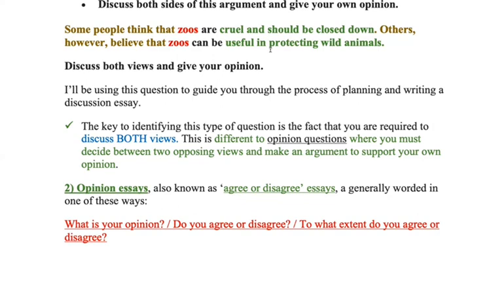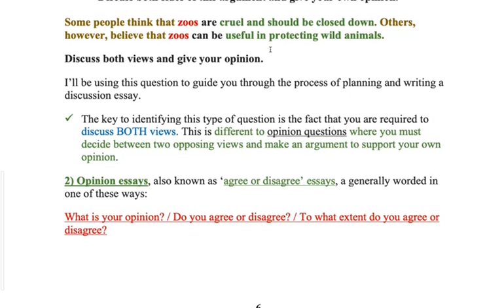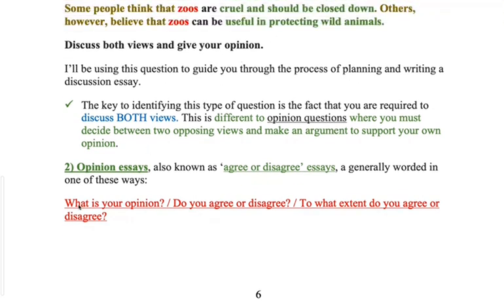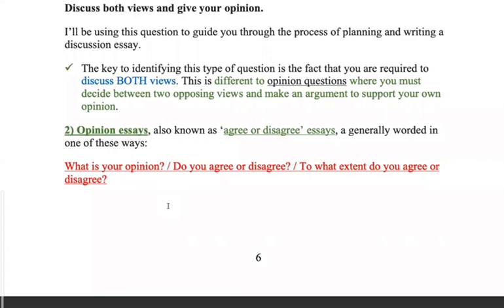So it is opinion essays. The questions might be like this: What's your opinion? Do you agree or disagree? To what extent do you agree or disagree? This is about the opinion essay. So now we understand the difference between the opinion essay and the discussion essay.